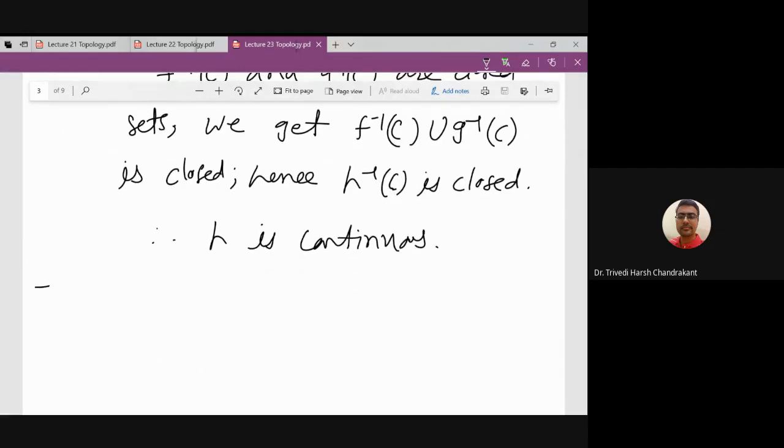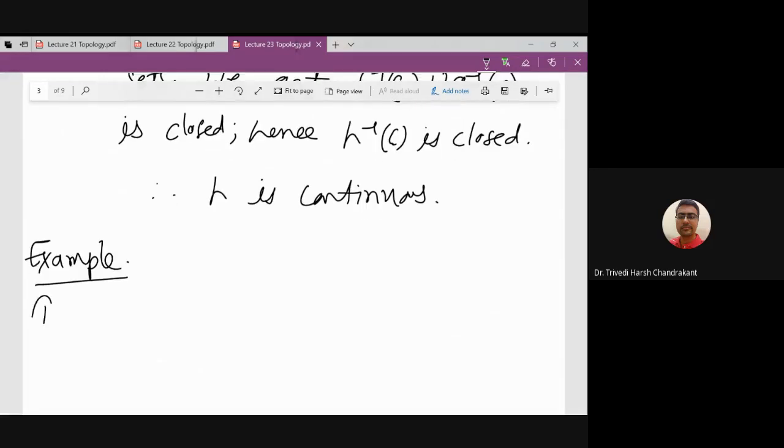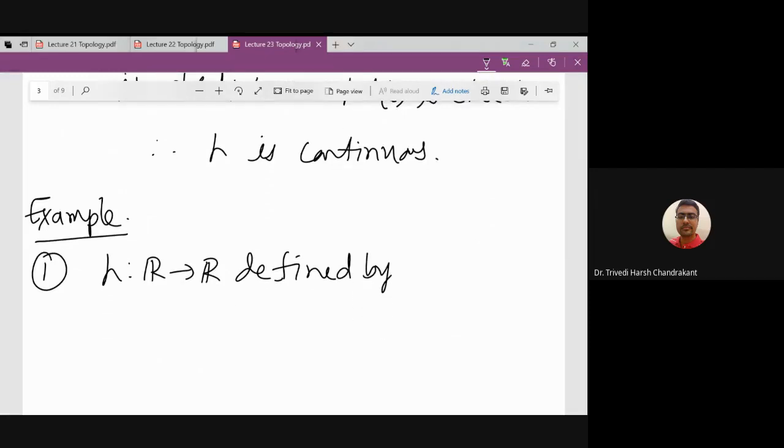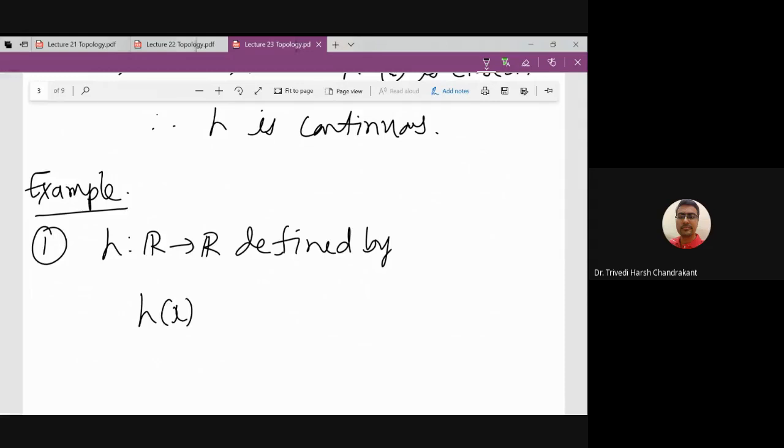So let us take some simple examples. The first function is H from R to R, defined by Hx equal to x if x is less than or equal to 0, and x by 2 if x is greater than or equal to 0.